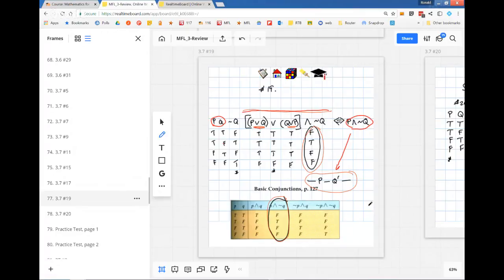Okay. So anyway, that's a little bit over the top, but that's how 19. And you guys get the side by side is the and the stack is the or, right? Yep. Okay. Yes.